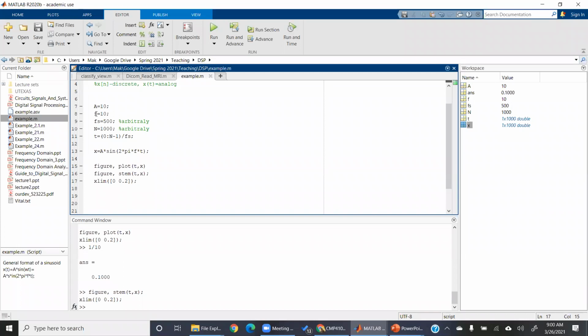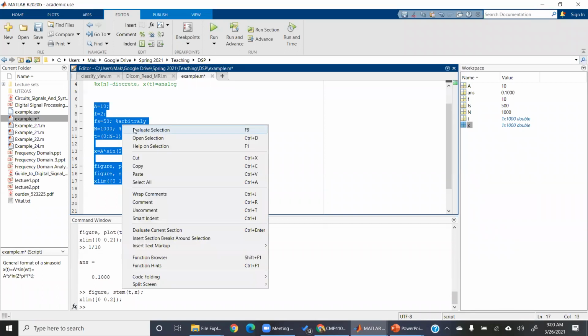Of course, if I had reduced the highest frequency in this signal, if I'd made this like 2 Hz, it means that here a sampling frequency of even 50 would probably give me a good signal. Let's try that. Of course, I'm going to change my limit here to 1, since my period is 0.5.